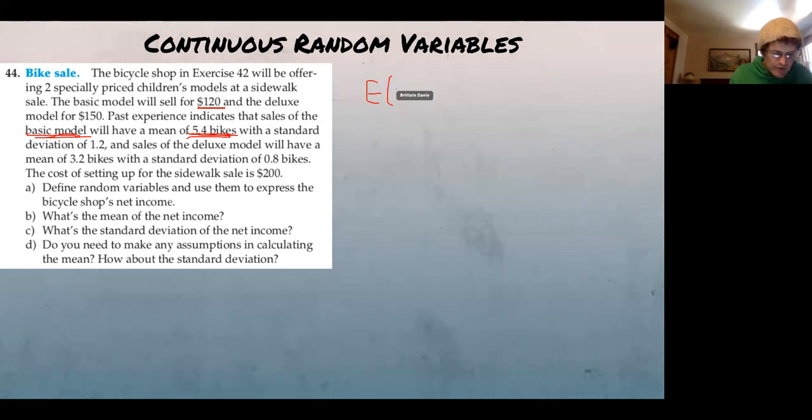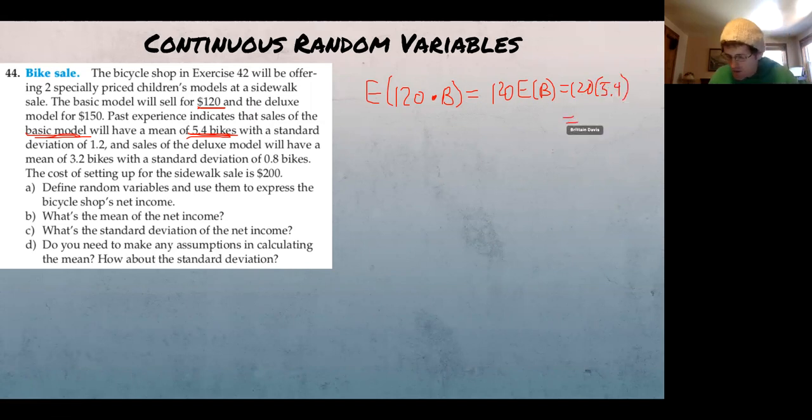I have $120 times my random variable B. So the expected value is 120 times the expected value of B, which is 120 times 5.4, which gives me $648.